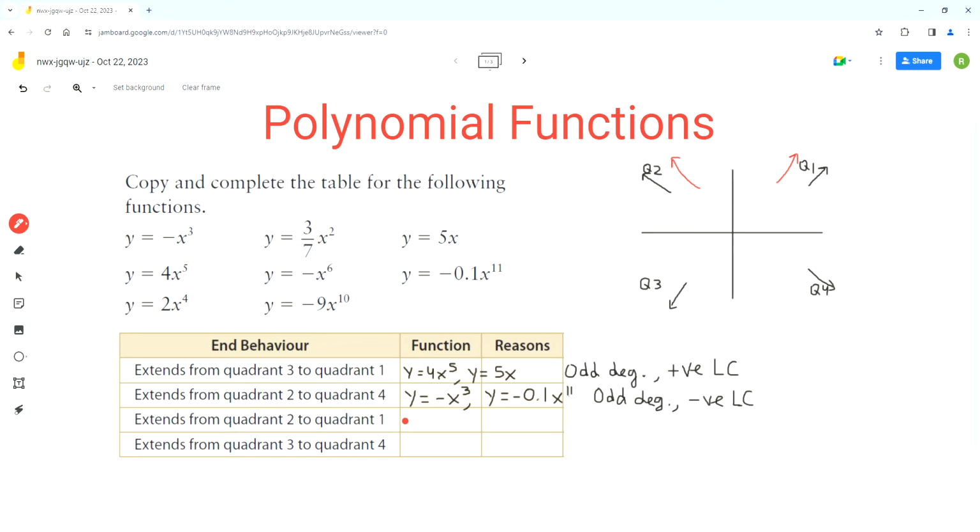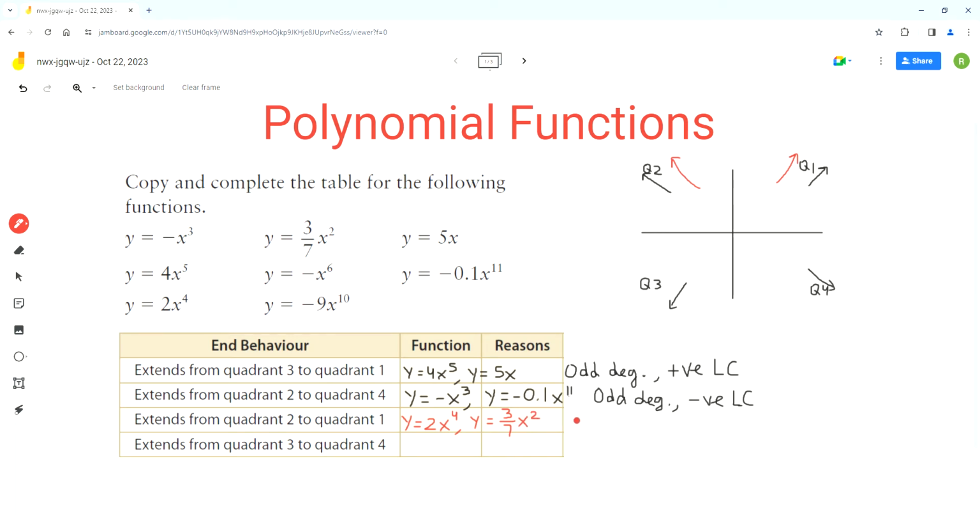The first one I found is y equals 2x to the power 4. The other one I found is y equals 3 over 7 x squared.